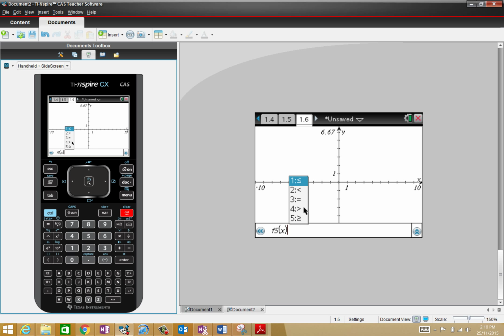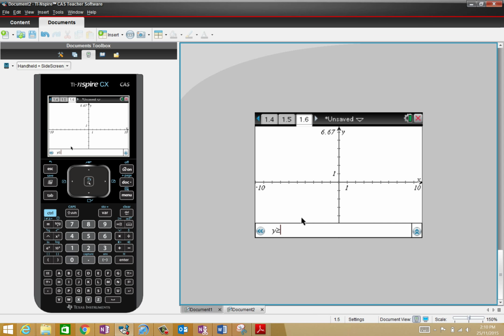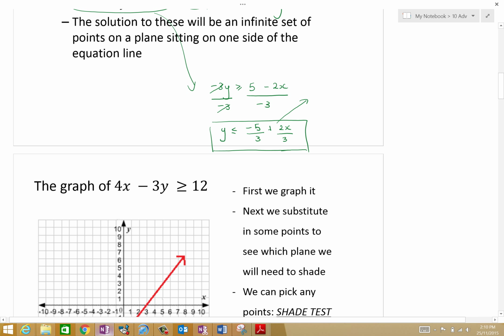It has to be in terms of y. So really this is y is equal to. We're going to change that to y is less than or equal to, because we've switched the signs over and we've got negative 5 over 3 plus 2x on 3.